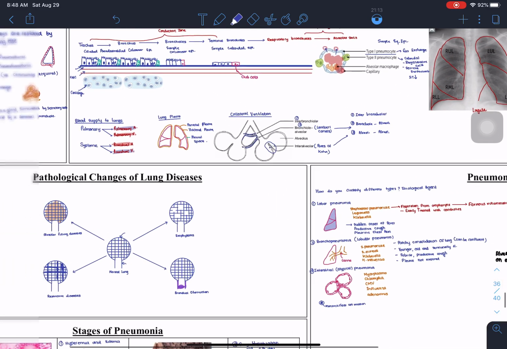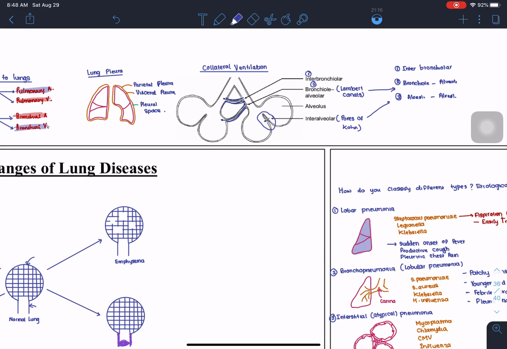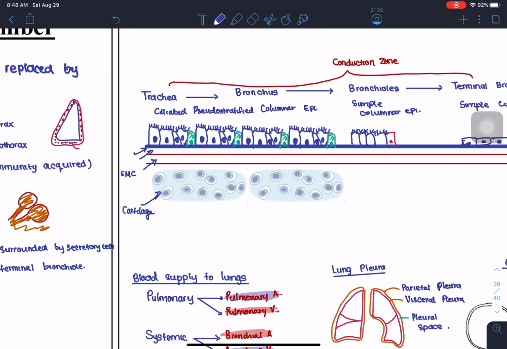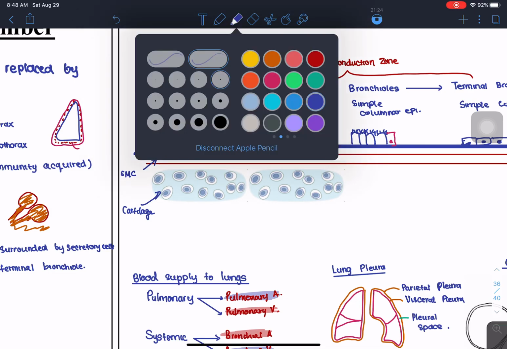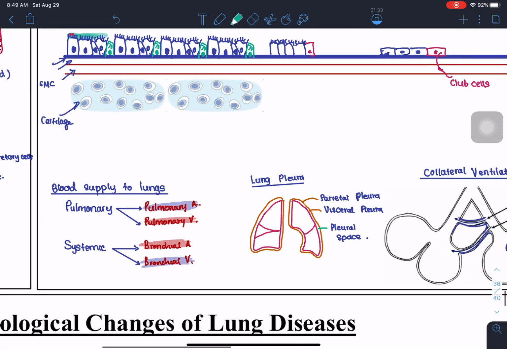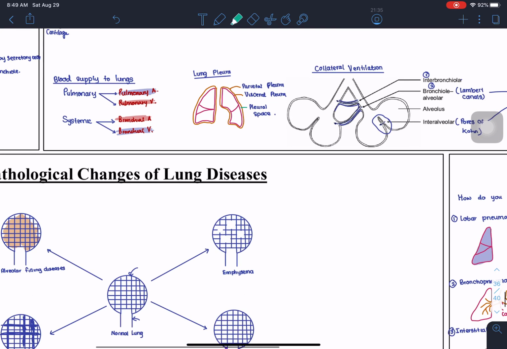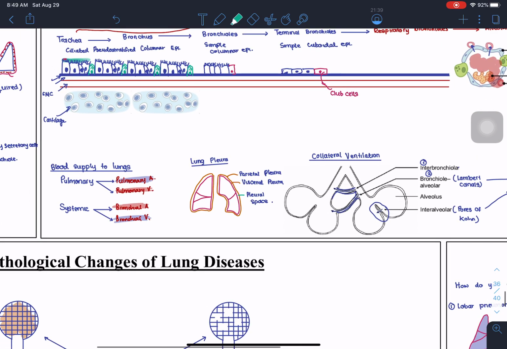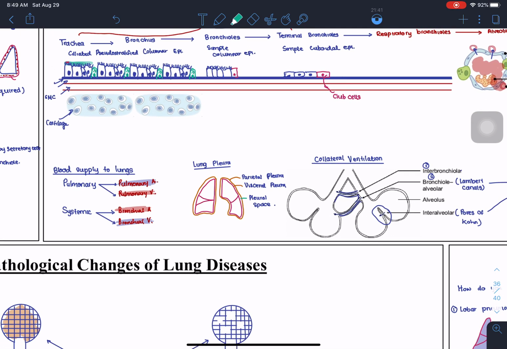Our cilia and the mucus function: they trap any microbe, and with the mucus, the cilia push it all the way upwards and send it to the stomach. So that is the normal function of the cilia and the mucus.